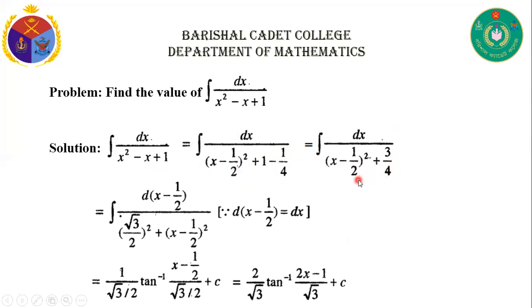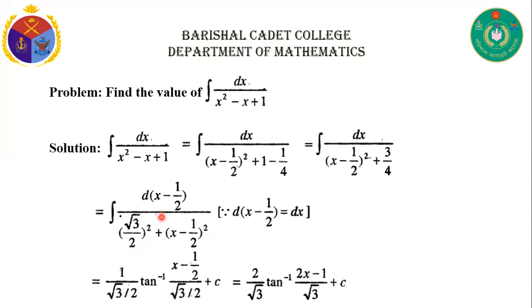So now we can write it. If we take 3/4, then (√3/2) whole squared is 3/4. So we can write (√3/2) whole squared. And for dx, we just transfer the variable x to x - 1/2.